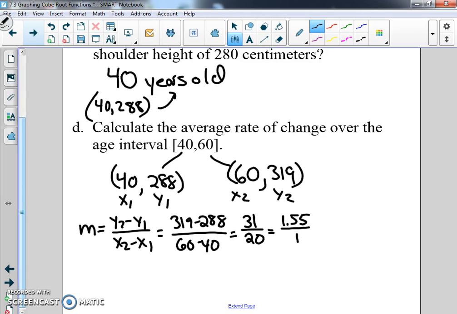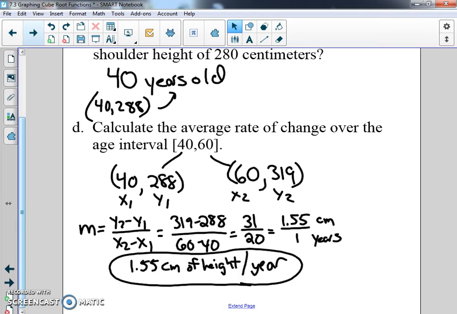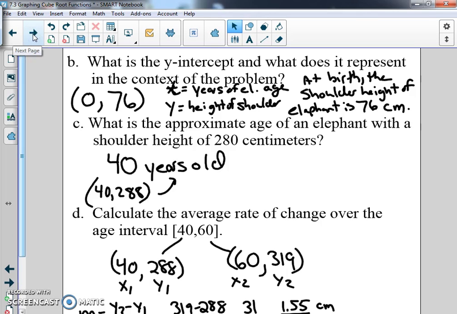The 1.55 represents our y values. Our y values are the height in centimeters, and our x values are the years. So the average rate of change is 1.55 centimeters of height per year. That would be our average rate of change from ages 40 to 60 of the height of the shoulder of the elephant.